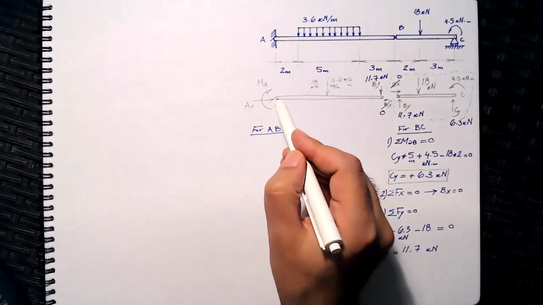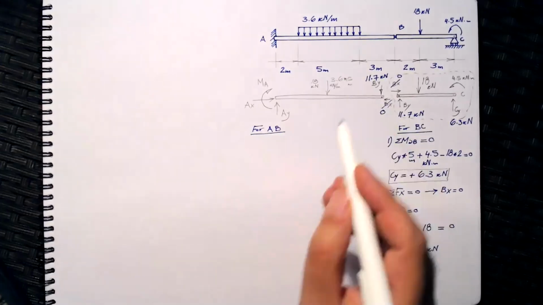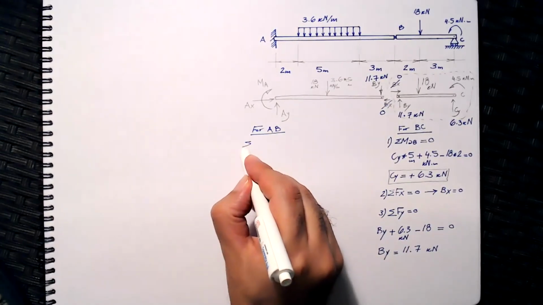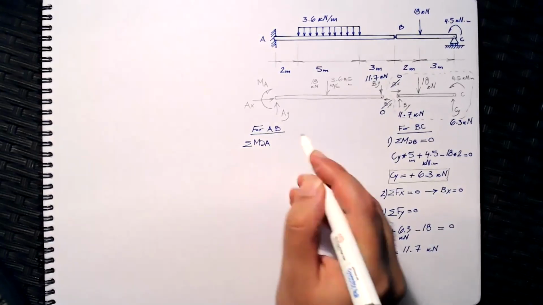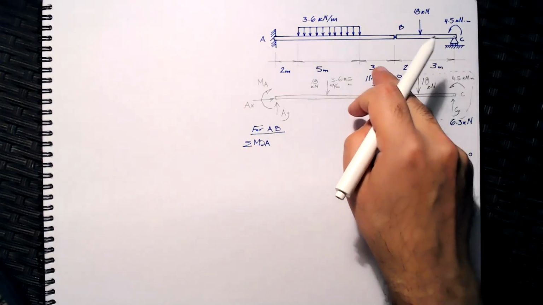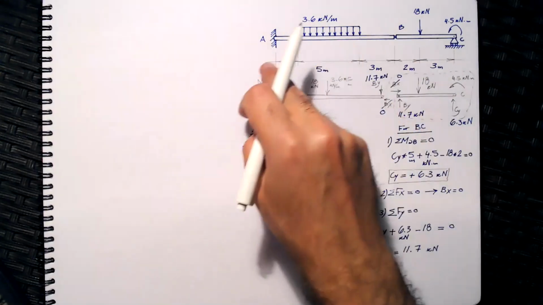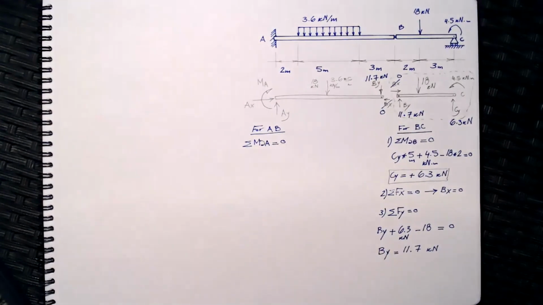So I will take the summation of moments about the point with the most number of unknowns, which is A. So I will say the summation of moments about A just for that part outside of the dotted line. So everything on the left of the pin will have to equal 0.